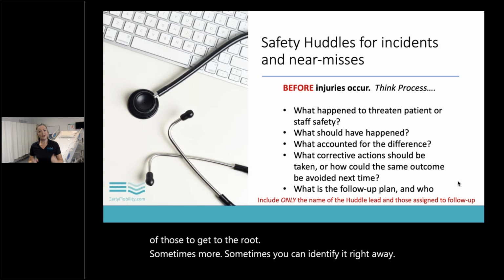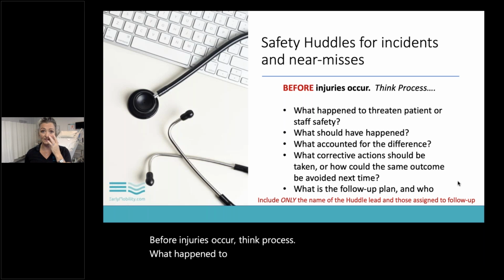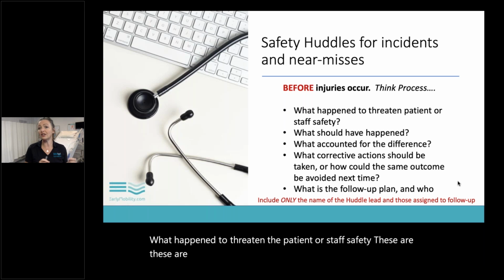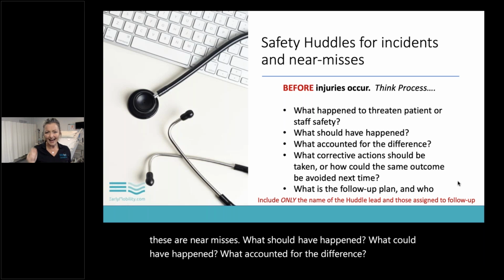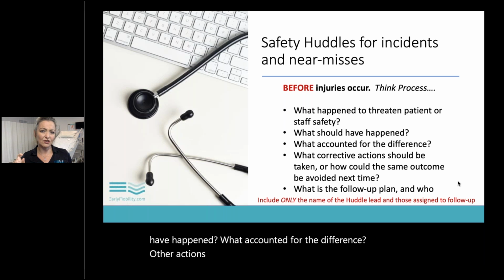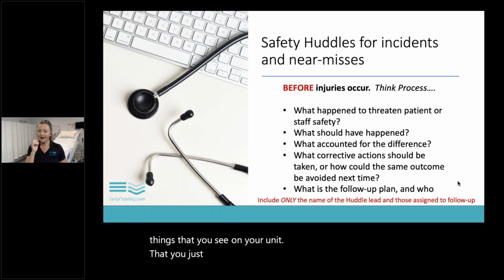Before injuries occur, think process. What happened to threaten the patient or staff safety? These are our near misses. What should have happened? What could have happened? What accounted for the difference? Are there actions that you could take as a unit peer leader? Are there things that you see on your unit that you just know are an accident waiting to happen?